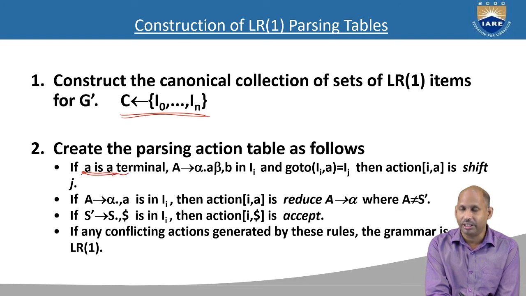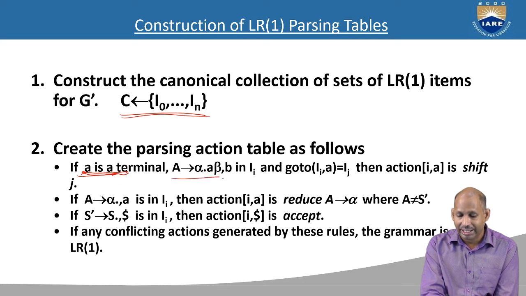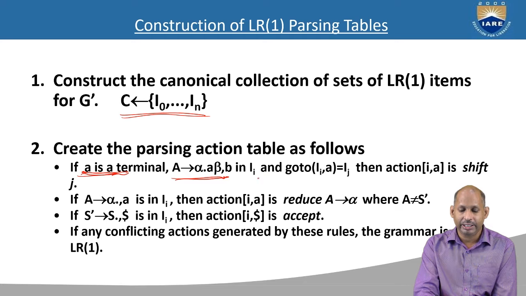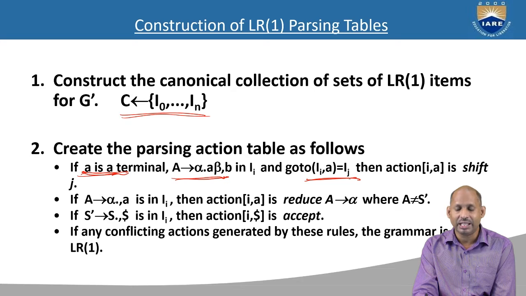If a is a terminal and A gives alpha dot a beta is in I, and goto(I, a) equals Ij, then action[I, a] is shift j.